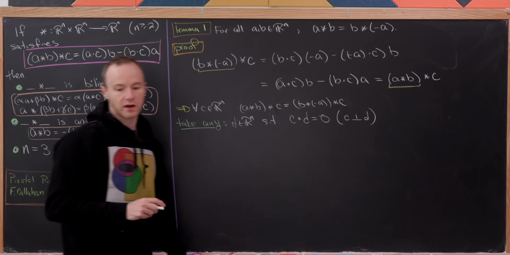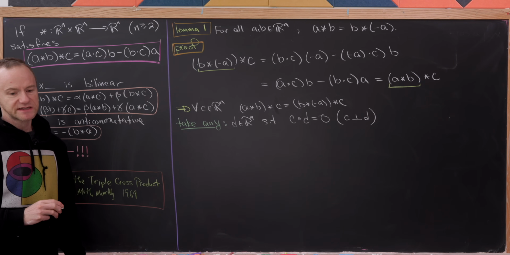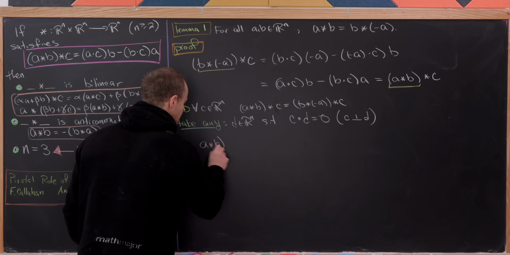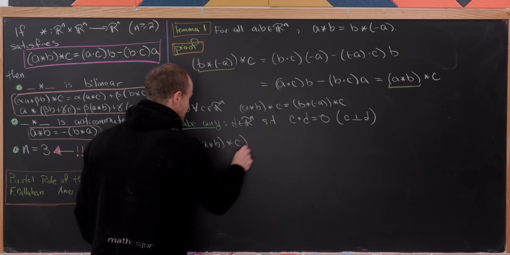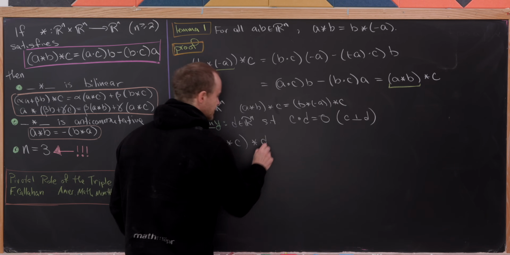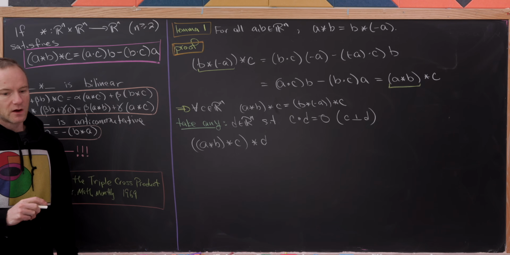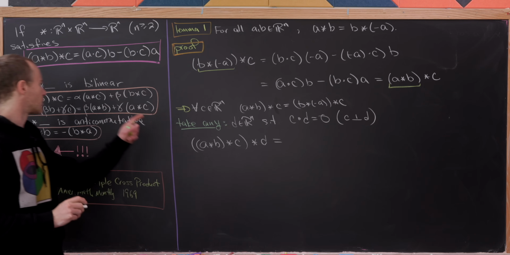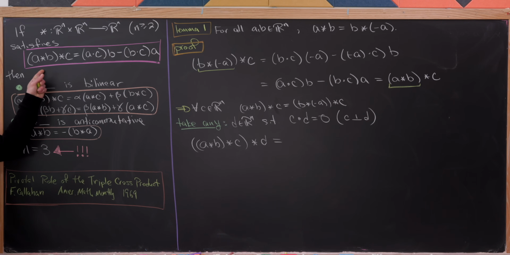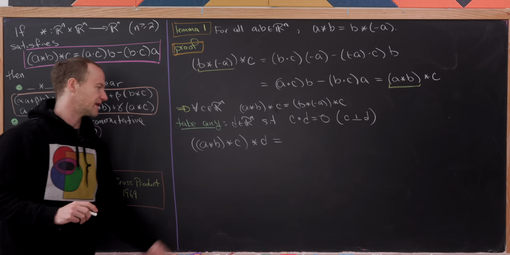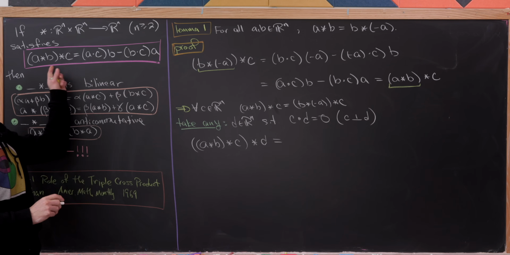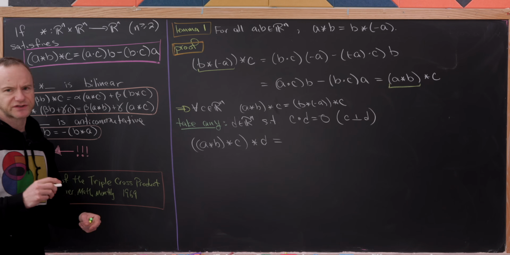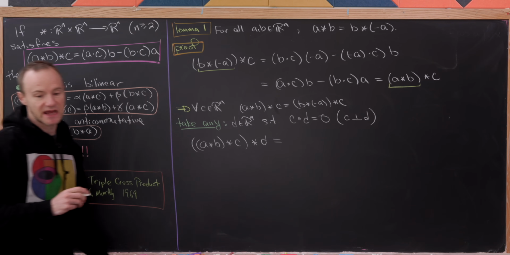and I'll just put here that C and D are orthogonal. And now let's look at the following object. We'll have A star B star C, and then we're going to star that into D. Okay, nice. So now pulling this apart, we're going to apply this rule again, but now the role of A is being played by A star B, the role of B is being played by C, and the role of C is being played by D. So it's just like a substitution game here.